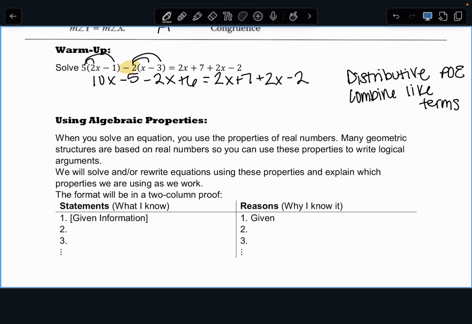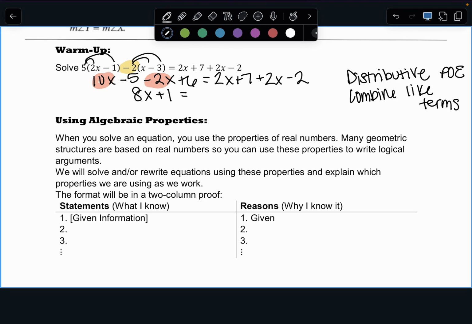So, 10x minus 2x on the left is what? 8x. Negative 5 plus 6 plus 1. On the right-hand side, 2x plus 2x. 4x. 7 minus 2. 5. So anytime you are combining things on one side of the equal sign, we call that combining like terms.